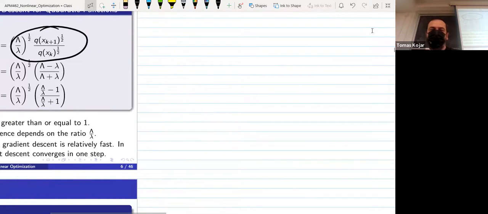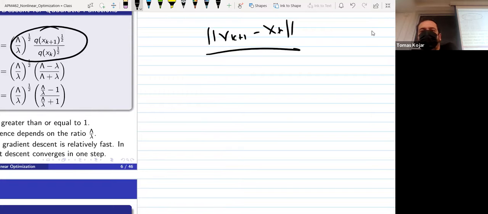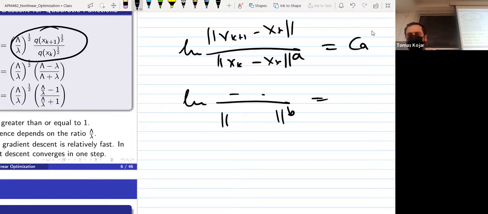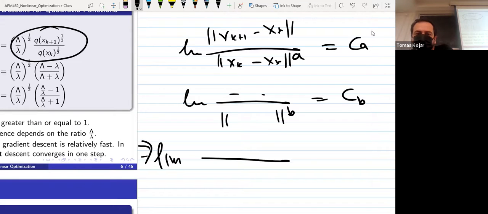Suppose you put some other power: the norm of x_{k+1} minus x star over the norm of x_k minus x star to some a, and then compare it to the same stuff, but to some b. And this is a limit, call it C alpha, and this is another limit, call it C beta. And what's the reasonable thing to do? Let's take the ratio.